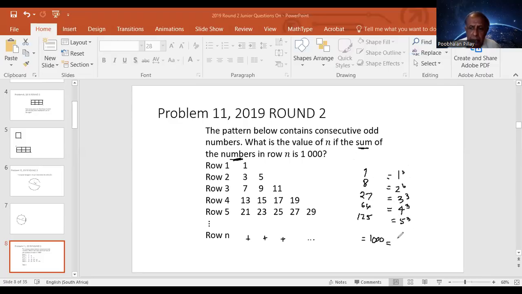The 5th row is 5 cubed, the 4th row is 4 cubed, the 3rd row is 3 cubed, and therefore this is 10 cubed, so n is equal to 10. So the numbers in the 10th row should add up to the cube of 10, which is 1000.